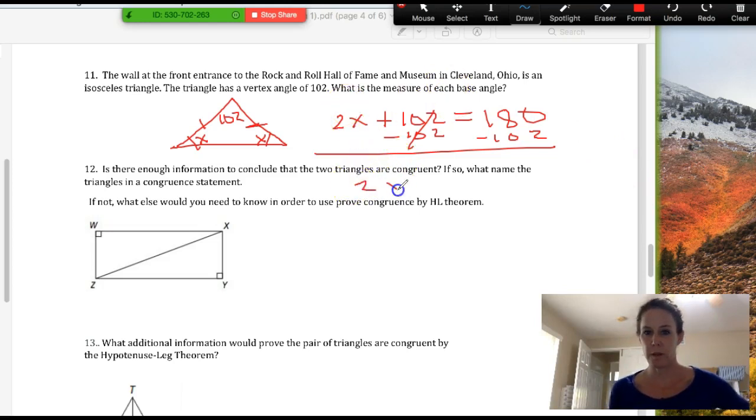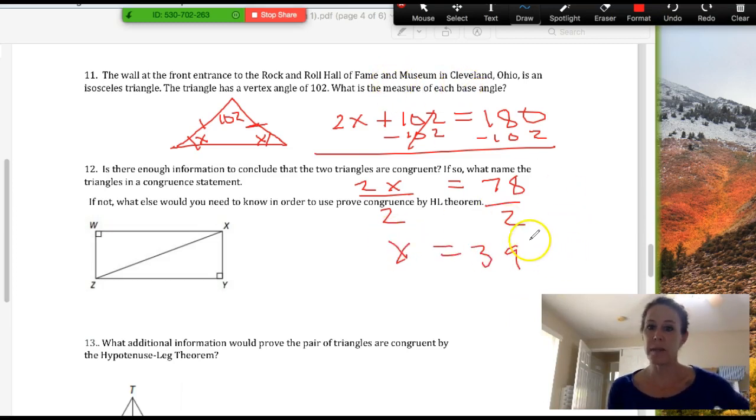So bring this down, 2x equals 78. And then divide that by 2 so you can get each x. And you're going to get x is 39. So what is the measure of each base angle? 39 degrees for each base angle.